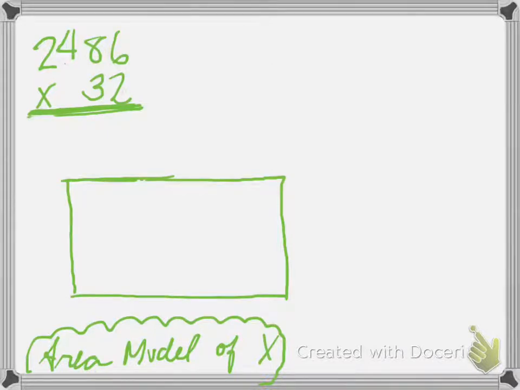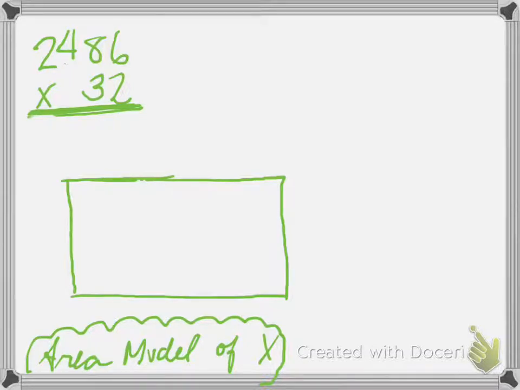So what we're going to do in the area model is make myself a rectangle that is going to represent the total product of this question, and I'm going to make the dimensions of this rectangle the same as the number of digits in the question. So here, I've got a 4 by 2 question.